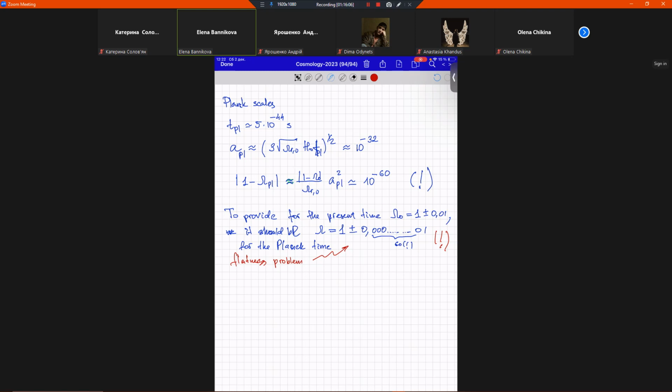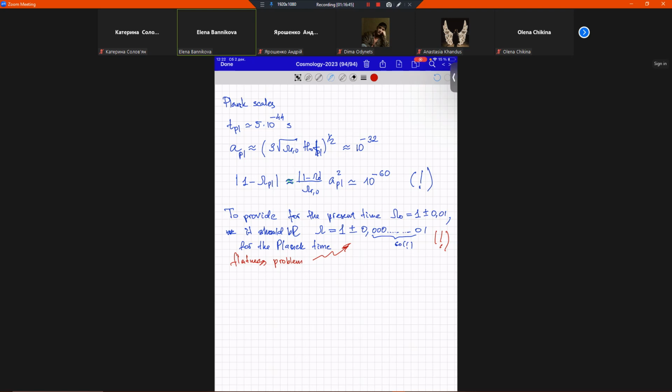So this is a problem which should be solved, to explain why the universe is finally flat, and why there is such a special condition in the beginning. Especially since we speak about Planck time and Planck scale, we understand that space in this condition is really complicated, because it should be curved on small scales.